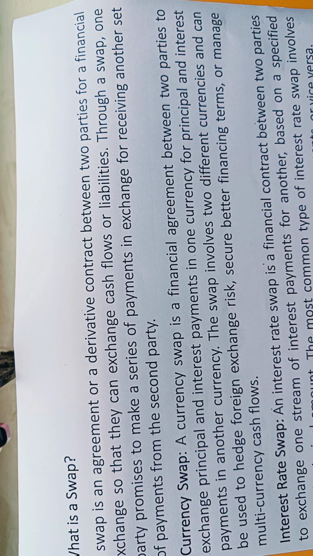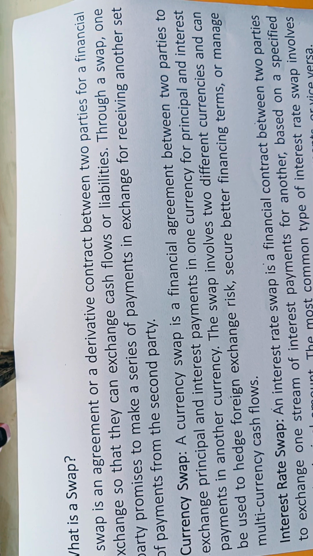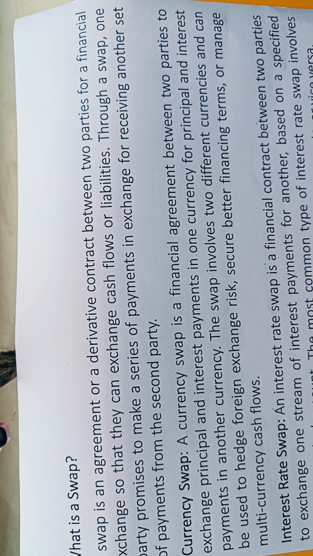There are two companies, A and B. A company has a loan of 10 lakh rupees and is paying a floating rate, for example 5%. B company has the same 10 lakh loan and is paying a fixed interest rate of 7%.